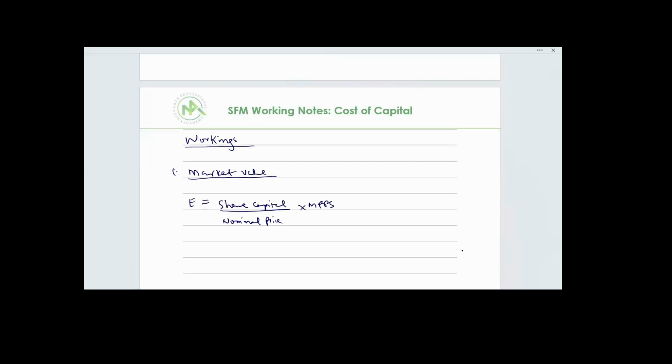In this question, the examiner did not give us the market price per share or share price. We are not given share price, but we have information in the question that will enable us to calculate the share price.